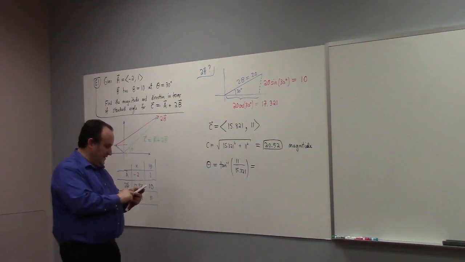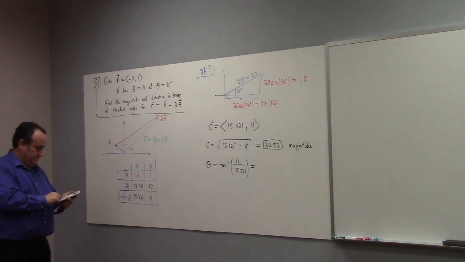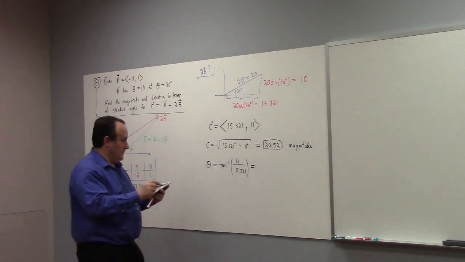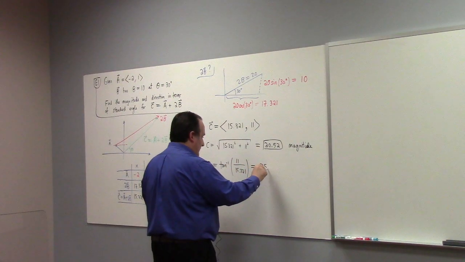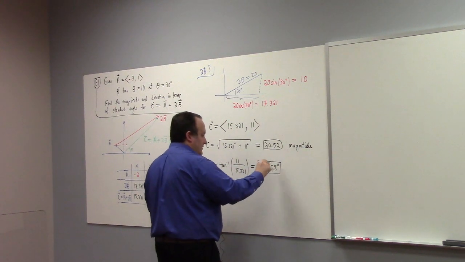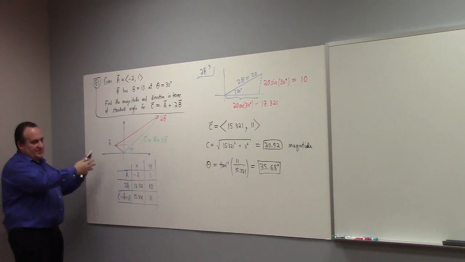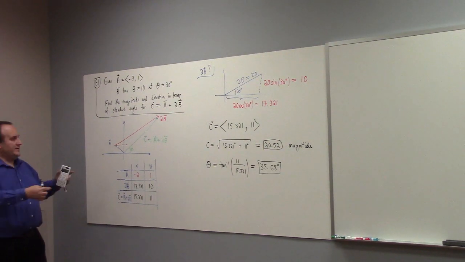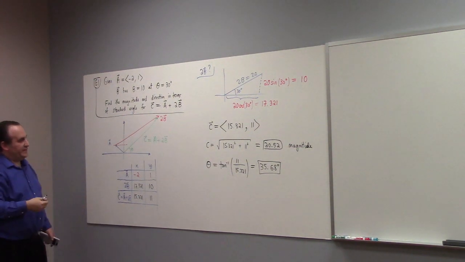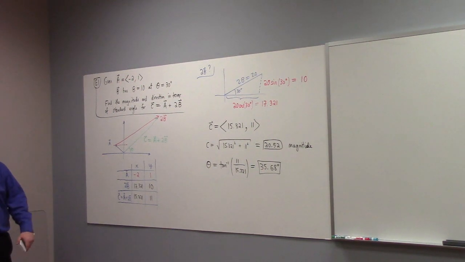And inverse tangent, what do I got? I've got 35.68 degrees. There's my standard angle, which I think, up to the limits of my artistry, kind of makes sense, right? The length of the green vector is a little bit longer than the length of the red vector. I don't know if you can see that in the picture, but yeah.